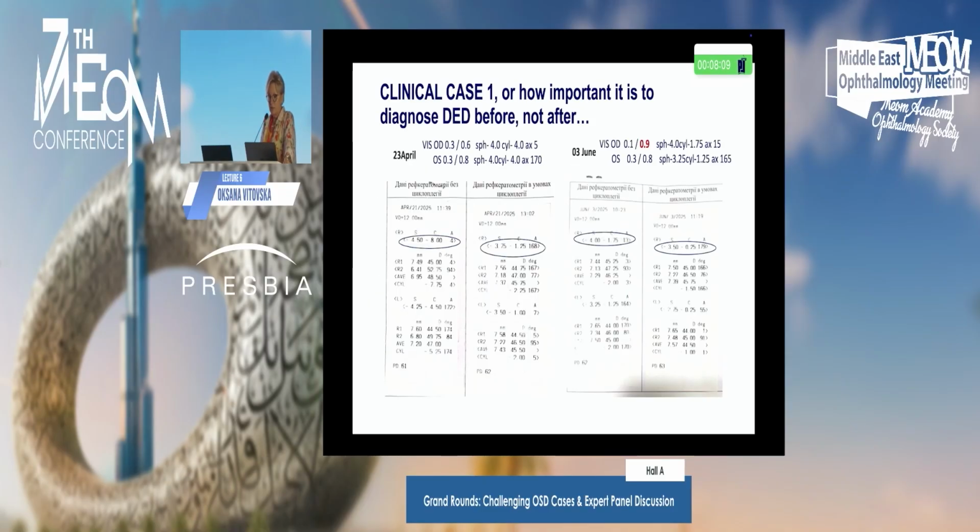What is very impressive is that after 1 month of this therapy, the best corrected visual acuity increased to almost normal on the right eye.